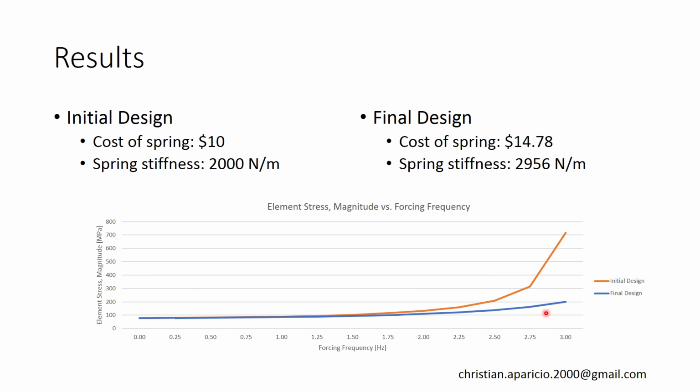My maximum stress at a forcing frequency of 3 Hz was 700 megapascals. But now with the new stiffness value of 2,900 newtons per meter, I have a new maximum element stress value of 200 megapascals. So I've reached my objective given the design constraint I imposed on the element stresses.